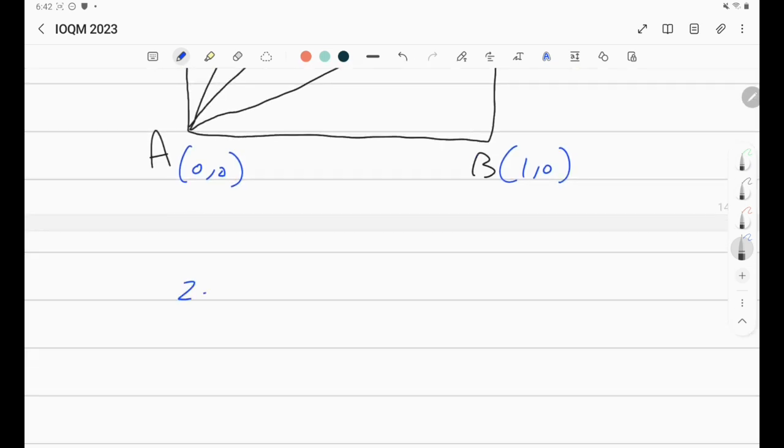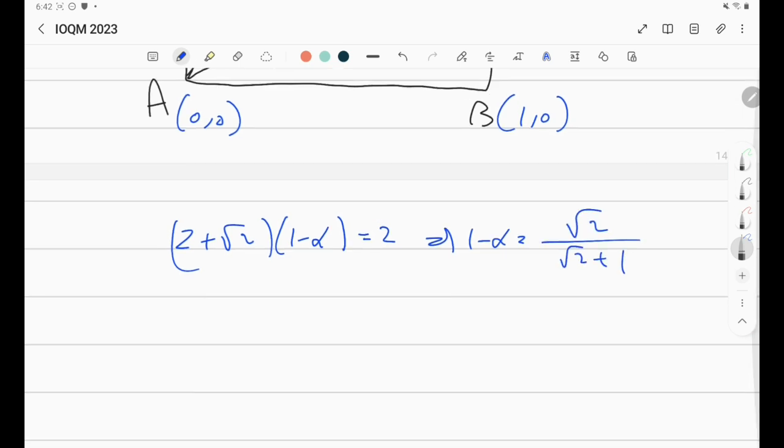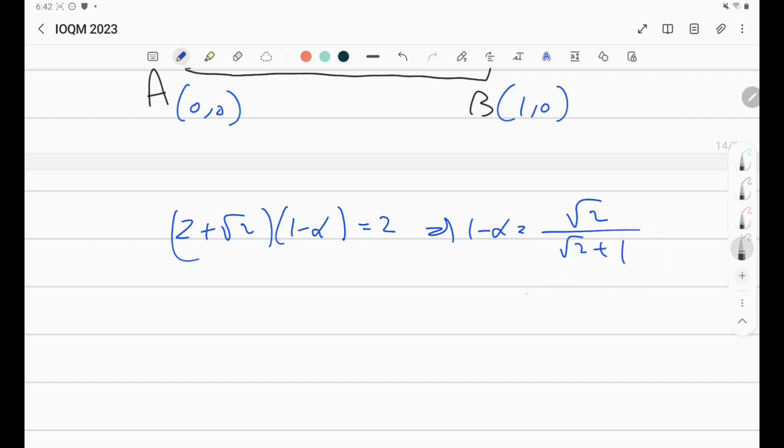So we have 2 plus root 2 times 1 minus alpha equal to 2, which means 1 minus alpha is equal to root 2 over root 2 plus 1. You can multiply by the conjugate, so it's actually 1 minus alpha equal to 2 minus root 2. So alpha itself is equal to root 2 minus 1.